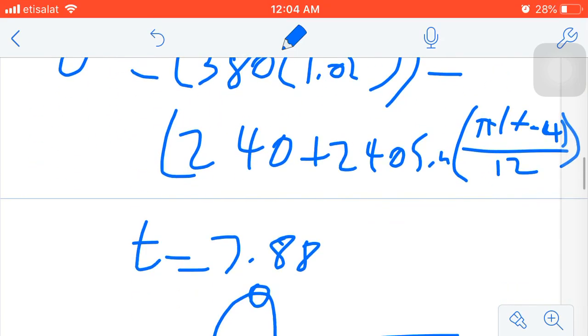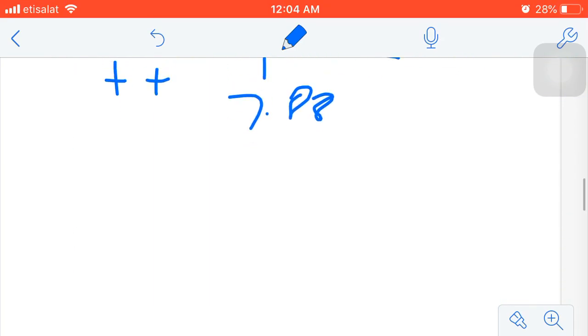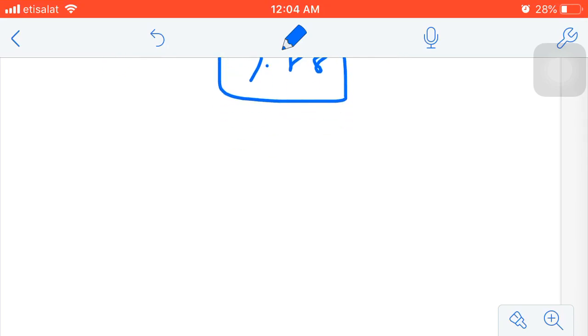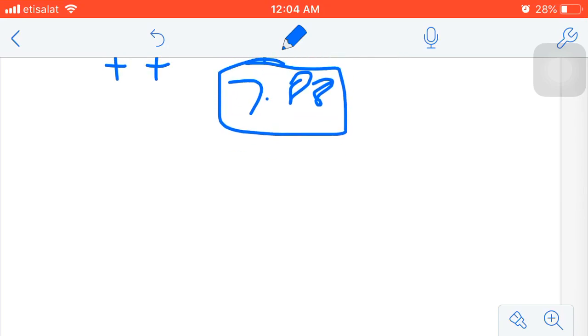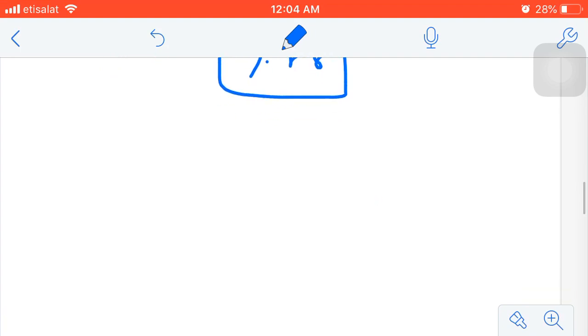But if we want to know the number of people at this time when there's a maximum, what's the maximum amount of people at the museum?